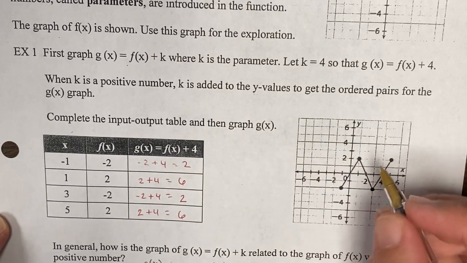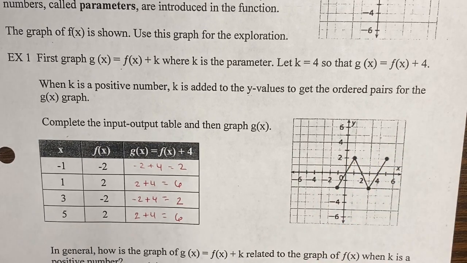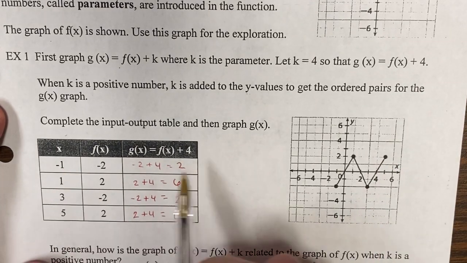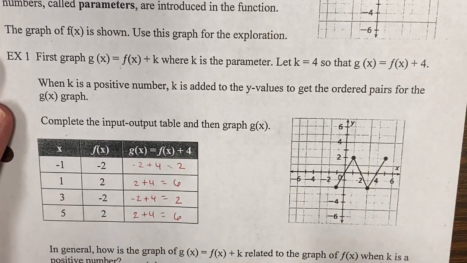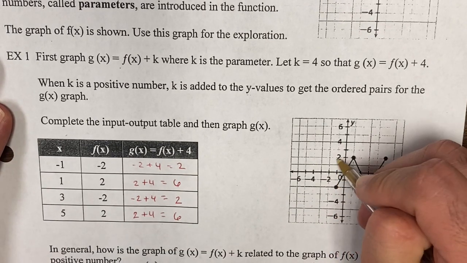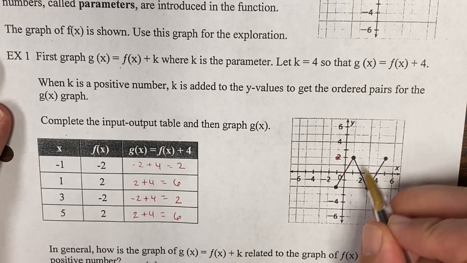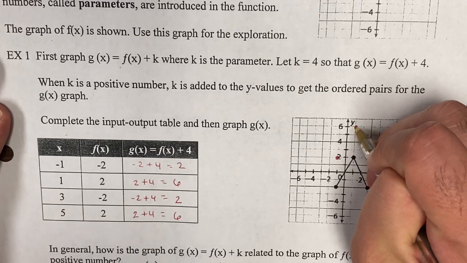All right, now let's plot these on the graph, and then we're going to make a conclusion based on what we see on this graph. All right, so negative 1 is paired with 2 on our new function that we call g of x. So at negative 1, 2. Okay, the next point is 1, 6. So 1, 6 is here.